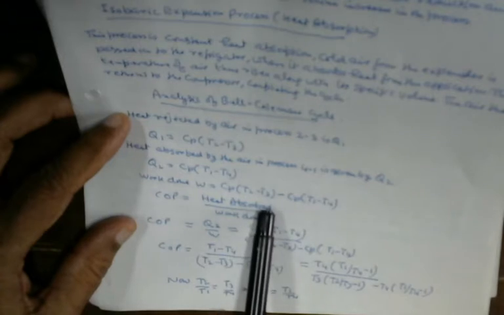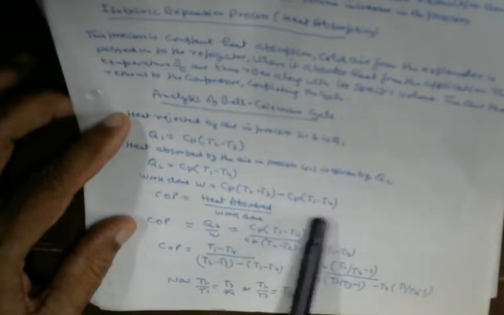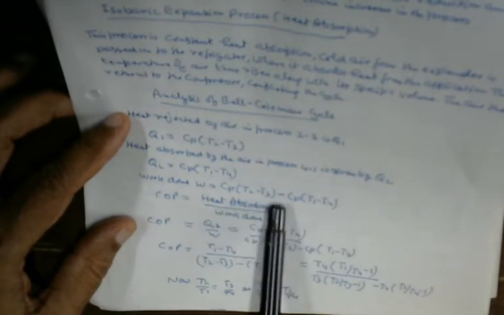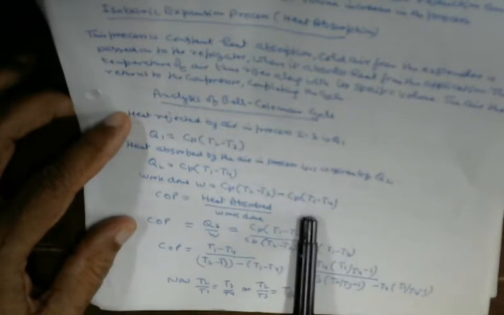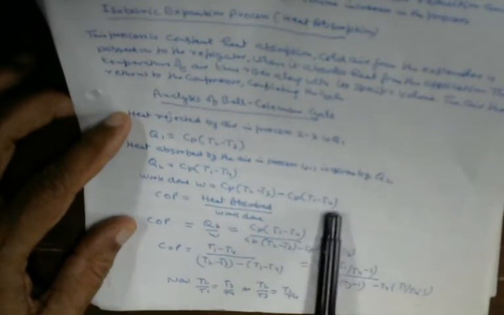So how much will the work done be? Cp (T2 minus T3) minus Cp (T1 minus T4). That is the condenser, where it is being cooled by the external agency, minus the expansion, where the air goes to the cabin for cooling purpose.